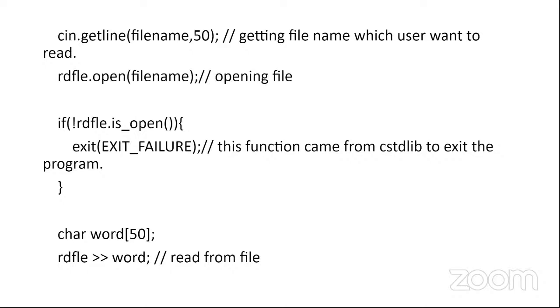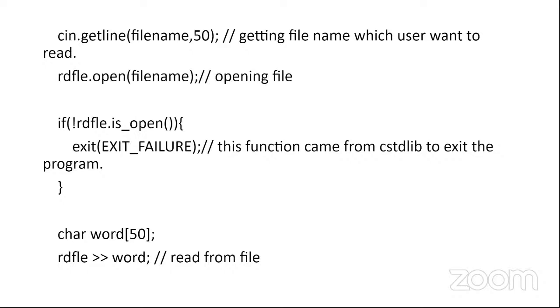Then we check if the file is present or exists by passing the command rdfile.is_open. If it doesn't open, then we use the function from the cstdlib, the C standard library, to exit the program. So this is exit failure.